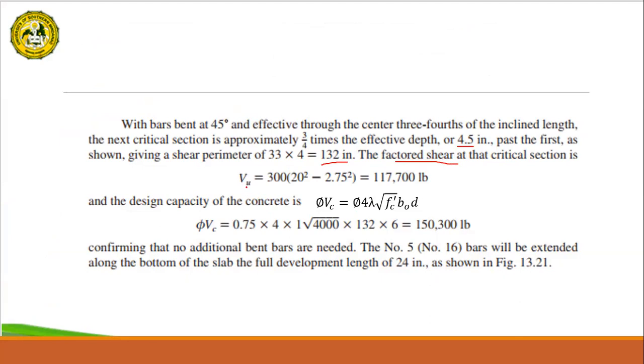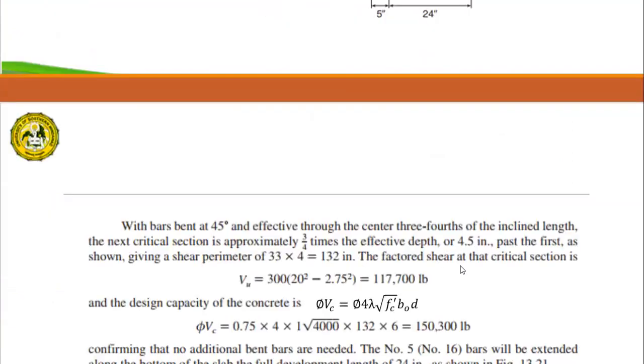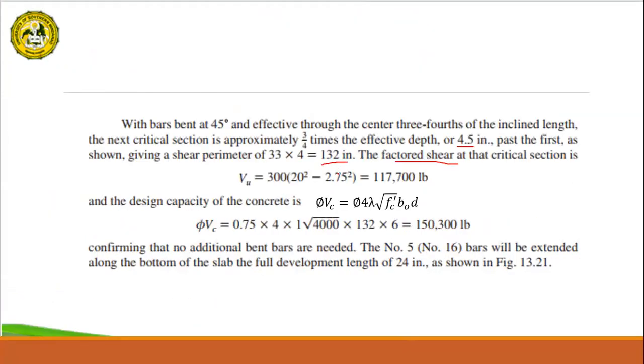So we have here Vu equal to 300 pounds per square foot times the gross area minus the new area, this 2.75 being the second critical section. So that is what we subtract. So 2.75 squared. So we have here 117,700 pounds for the factored shear.